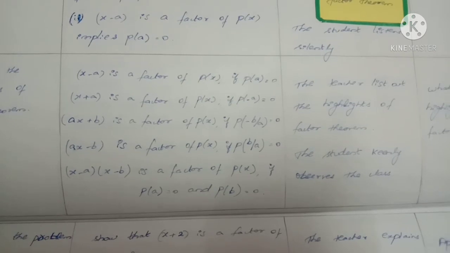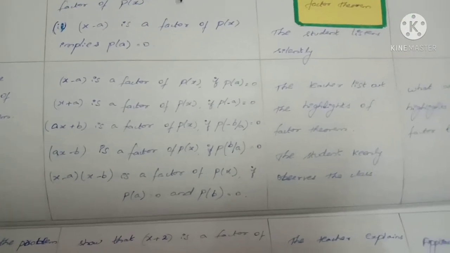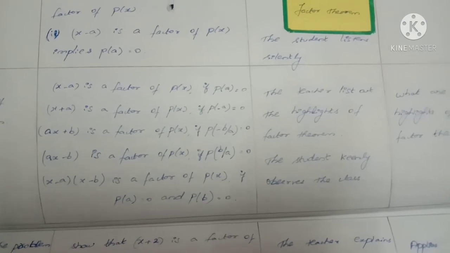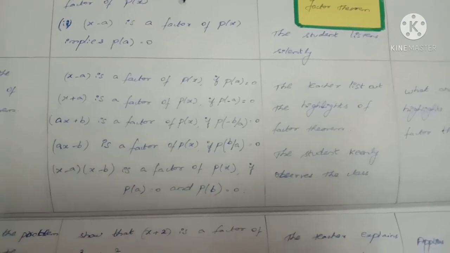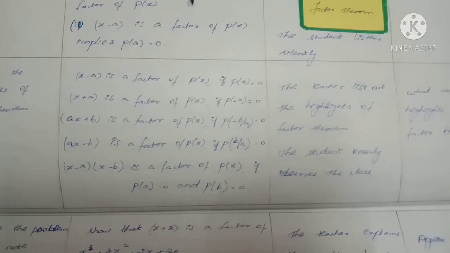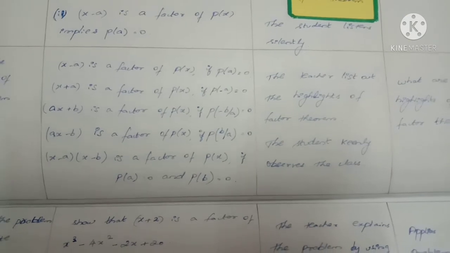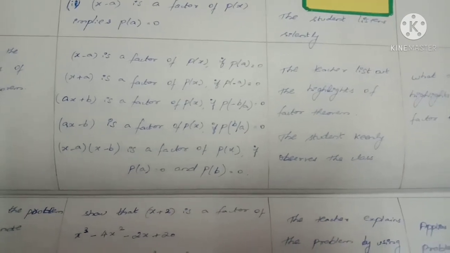Next, ax plus b is a factor of p of x, if p of minus b by a equal to 0. Next, ax minus b is a factor of p of x, if p of b by a equal to 0.